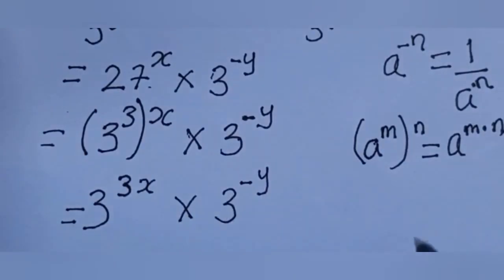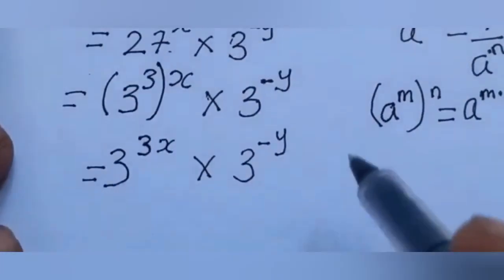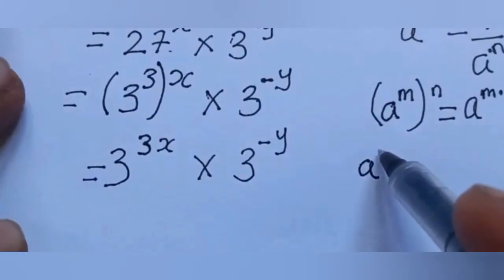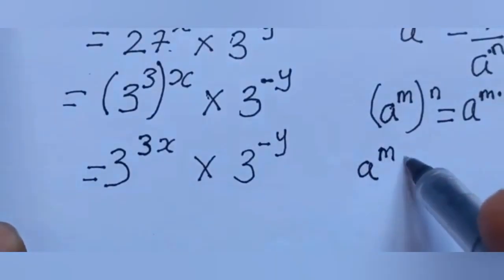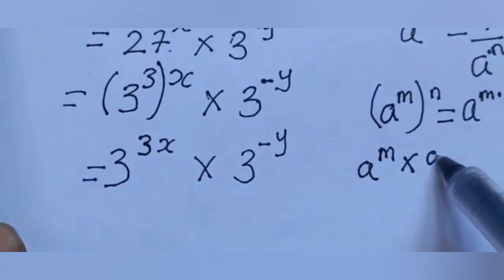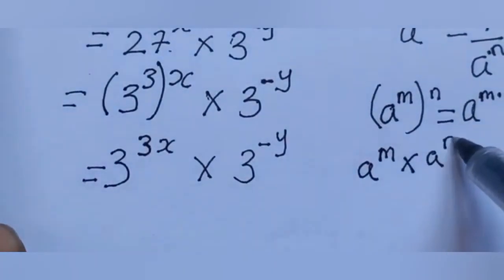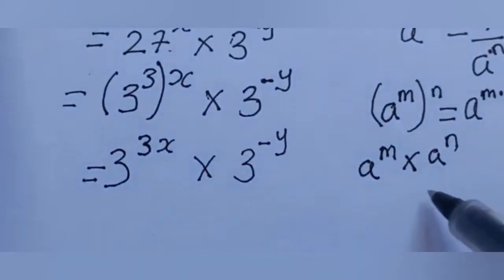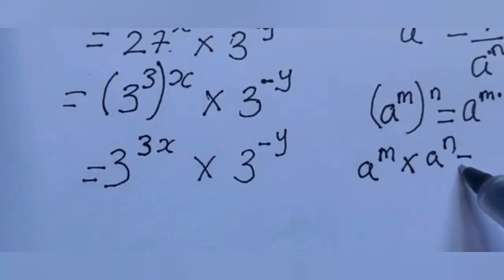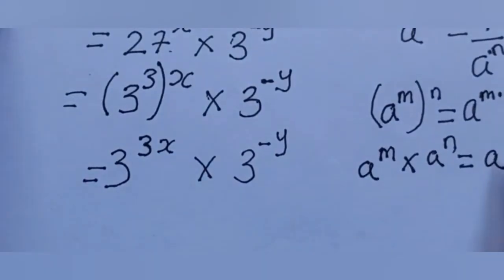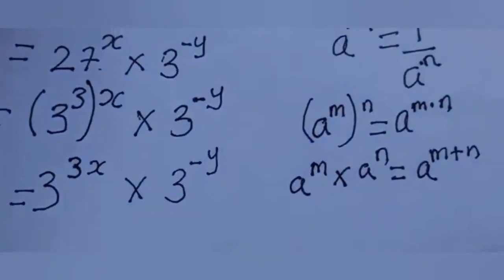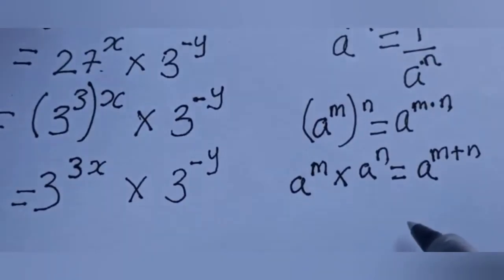We use the product rule, which states that a power m times a power n equals a power m plus n. So this is the law we are going to use.